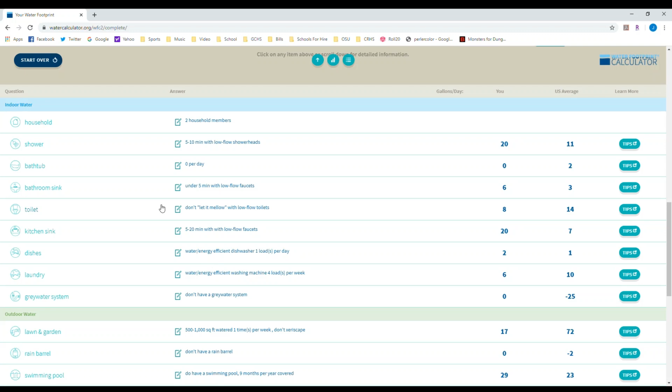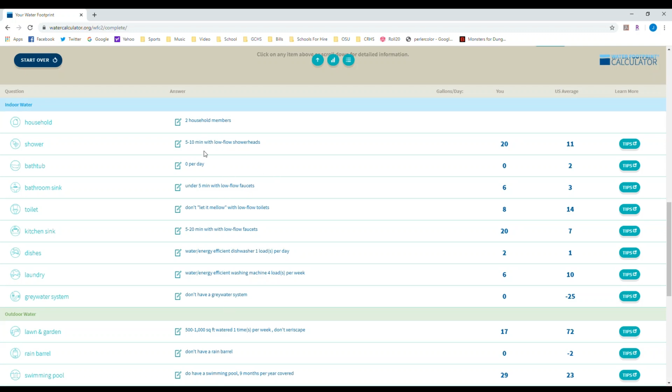So for example, when I answered the question about how long my showers are and if I have low flow shower heads, my answer is right here. On average, my household takes about 5 to 10 minute showers with low flow shower heads. My answer for the bathtub question was 0 per day because we take showers. Bathroom sink, under 5 minutes with low flow faucets. Toilet, don't let it mellow, with low flow toilets. So here are all of my answers.